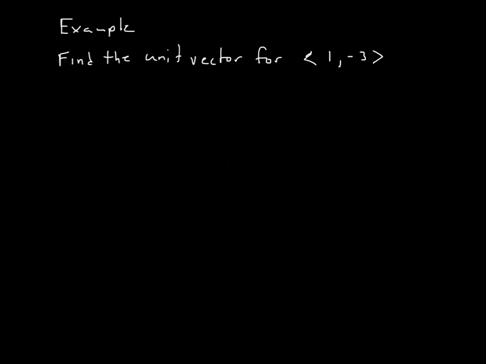Let's take a look at an example. In this case, we want to find the unit vector for the vector 1, negative 3. The first thing I need to do when I'm going to find a unit vector is find the magnitude. The magnitude of the vector 1, negative 3 is the square root of 1 squared plus negative 3 squared, which is the square root of 10.